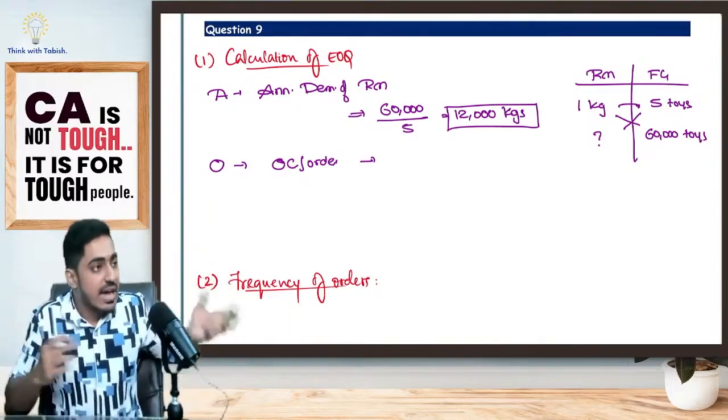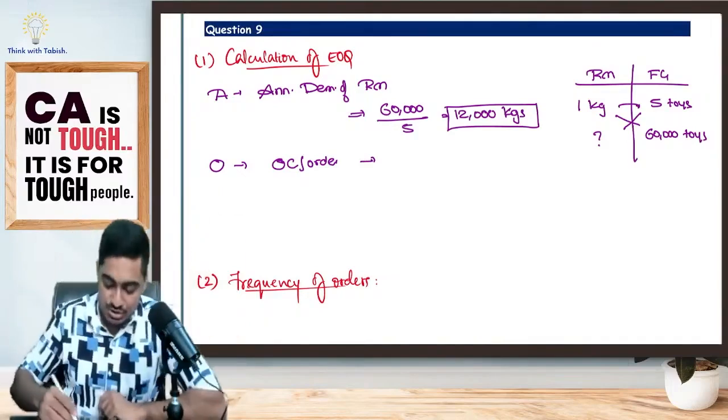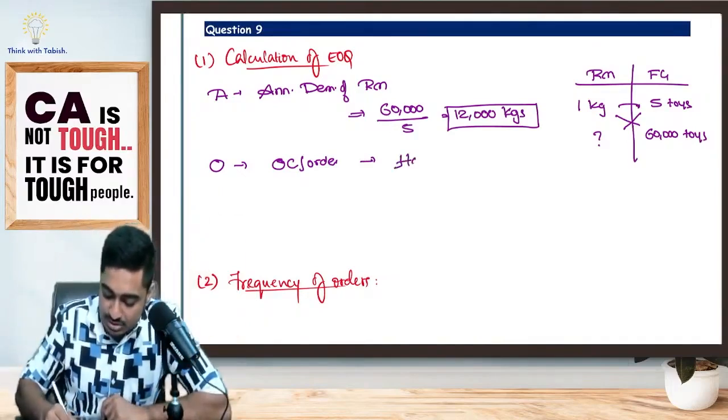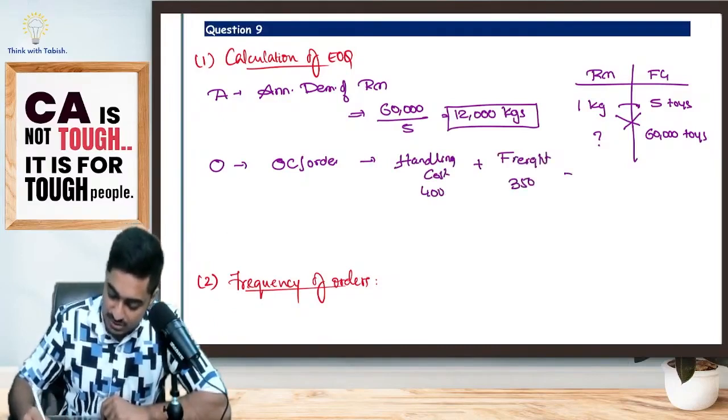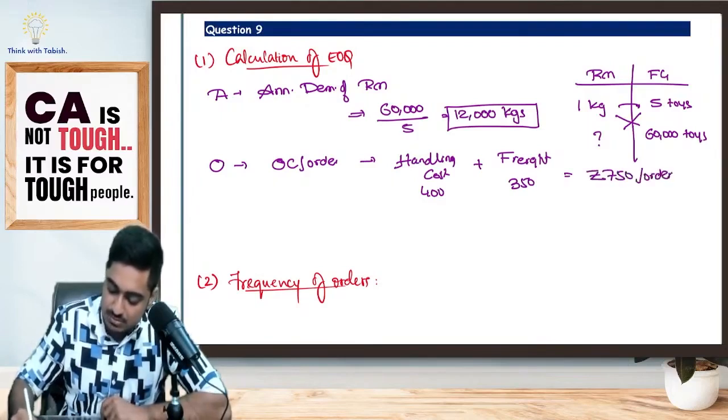Every time I'm ordering, I have to load and unload the goods, so I will incur handling cost, which is 400, plus a freight of 350 per order. That means altogether how much am I incurring, students? 750 per order. Yes or no?